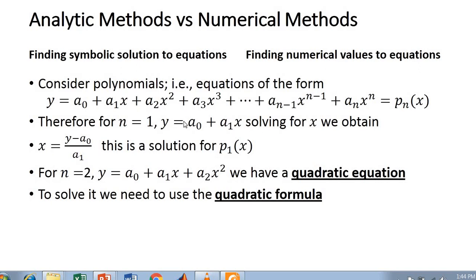So satisfy yourself that if you make x the subject of the formula for the first order polynomial, you get x equals y minus a0 over a1. For n equals 2, you get a quadratic equation. With a quadratic equation, we have different methods that we can use to solve it.